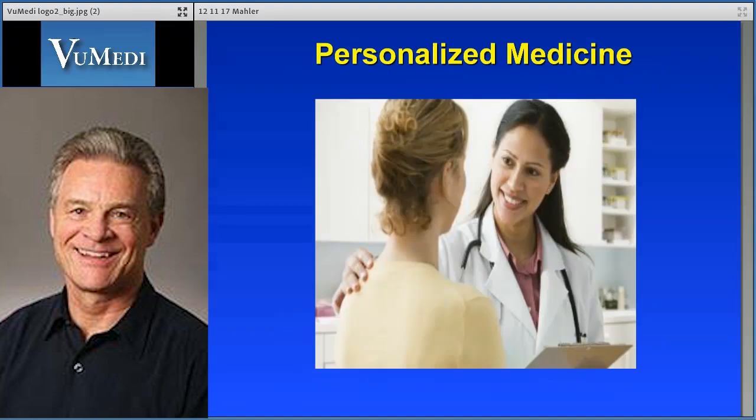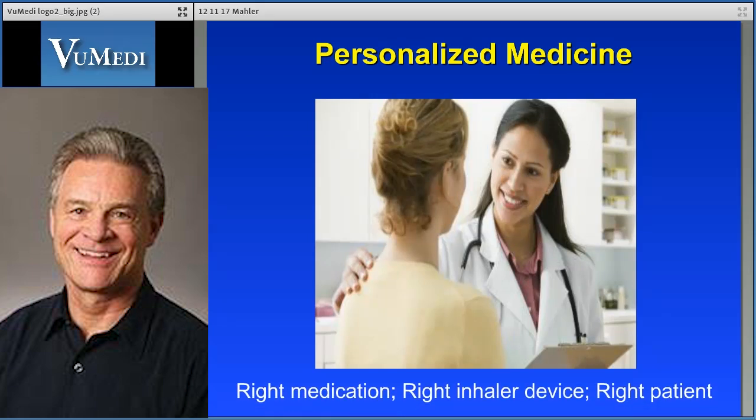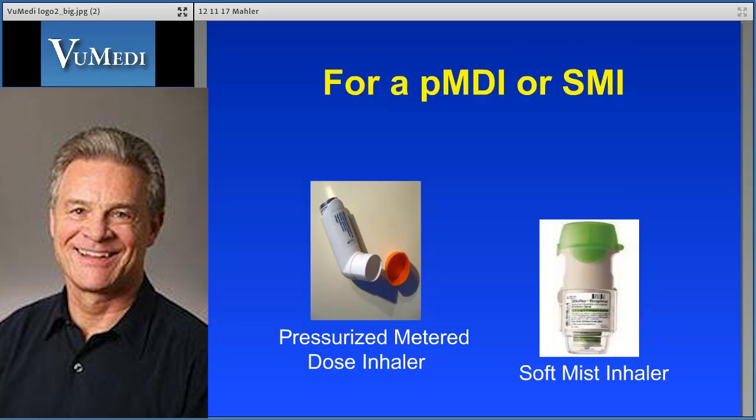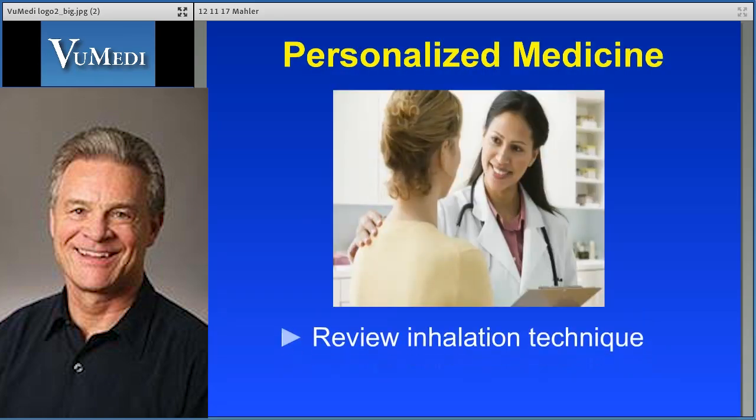Correct inhaler use requires a personalized approach to prescription. The goal is the right medication in the right inhaler device for the right patient. If a metered dose inhaler or soft mist inhaler is being considered for prescription, review the inhalational technique with the patient and provide written instructions.